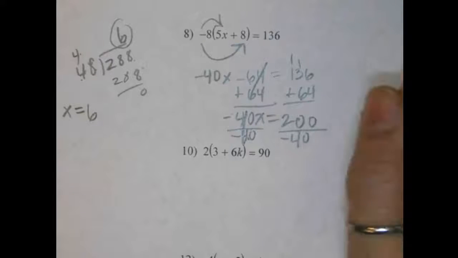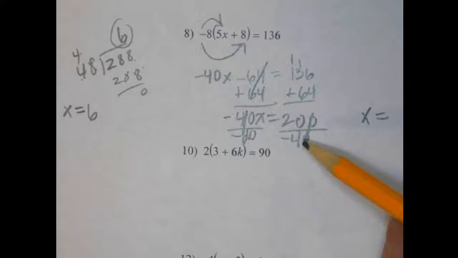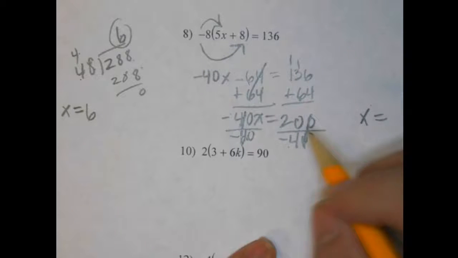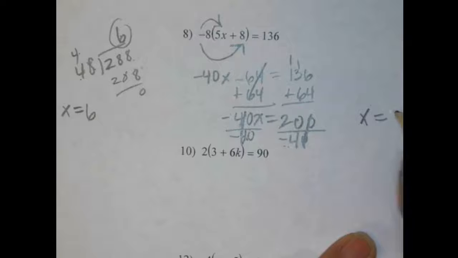So x is equal to, I can cross that off because my zeros can drop. Now I made it easier to divide this number, right? What is 20 divided by 4? So positive or negative? A positive divided by a negative gives me a negative. So my answer is x is equal to negative 5.